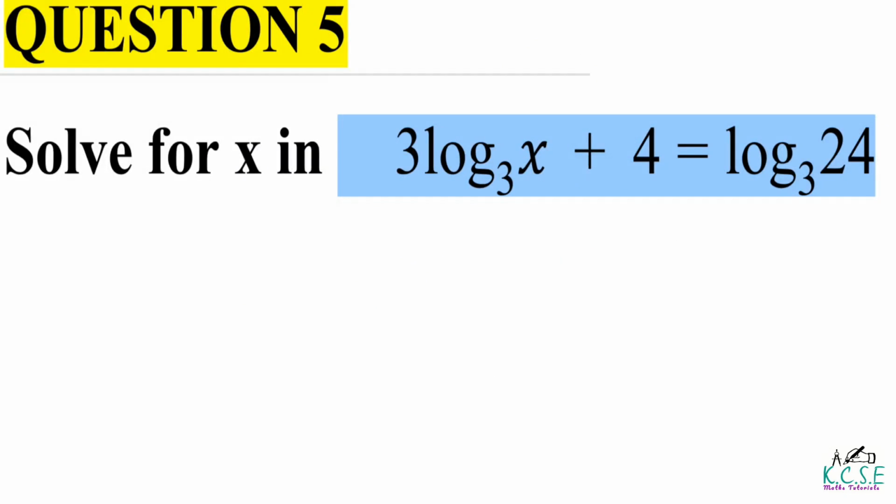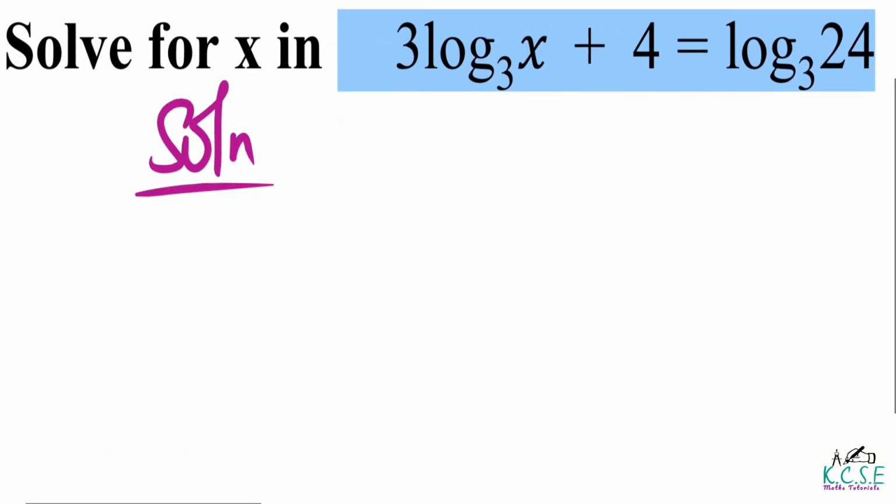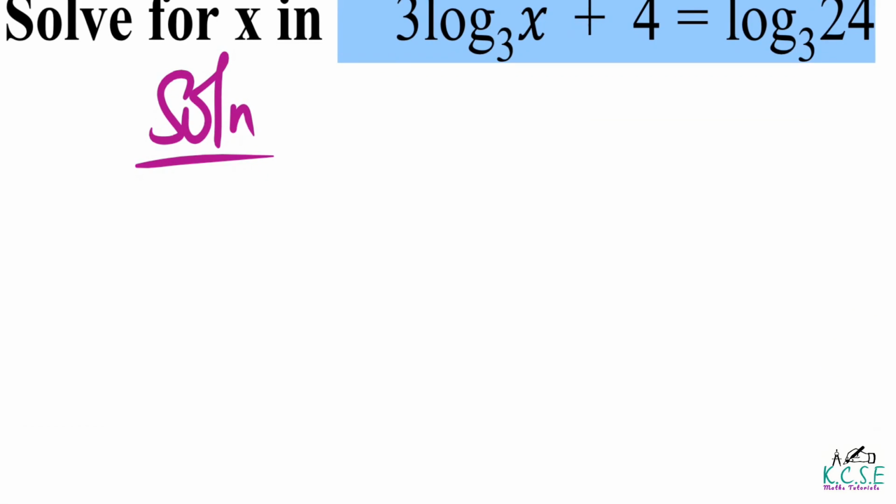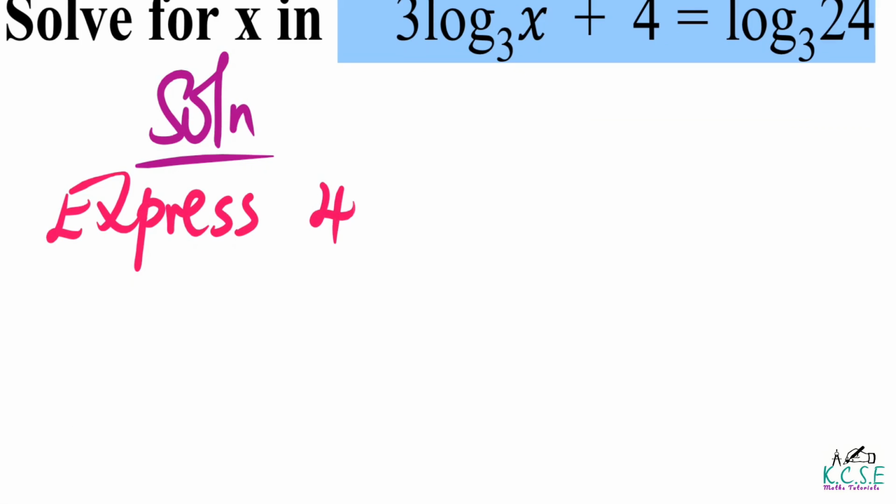Question number 5: solve for x in 3 log x base 3 plus 4 is equal to log 24 to the base of 3. So let's go to the solution. The first thing is to express 4 in logarithmic notation.